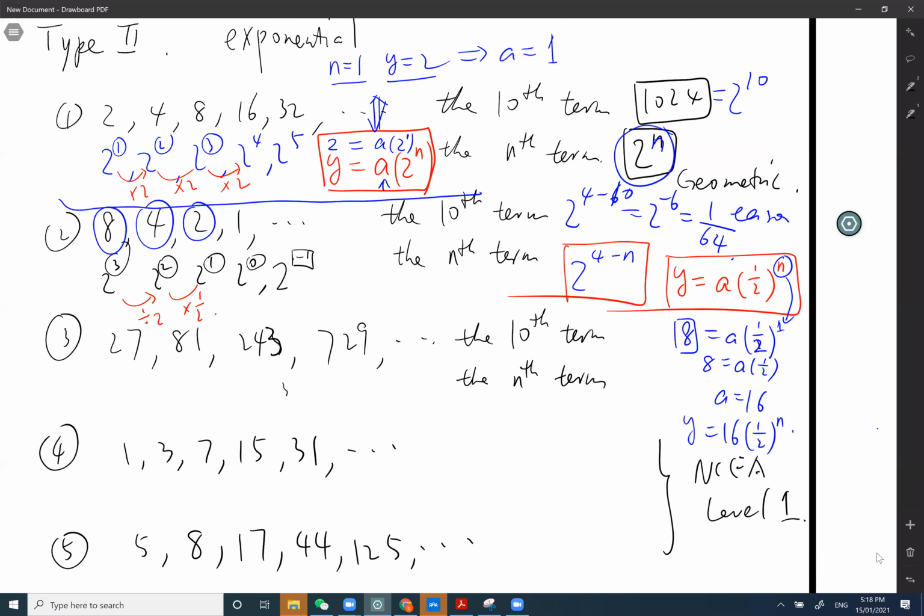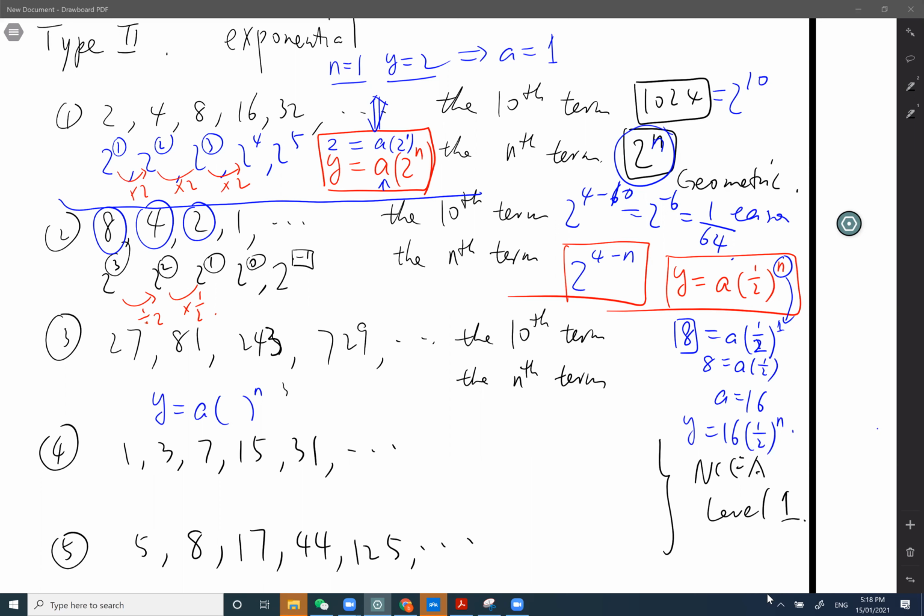Okay, based on a similar idea, this one you can write y equals a times what to the power of n? Hannah, I'm not too sure.